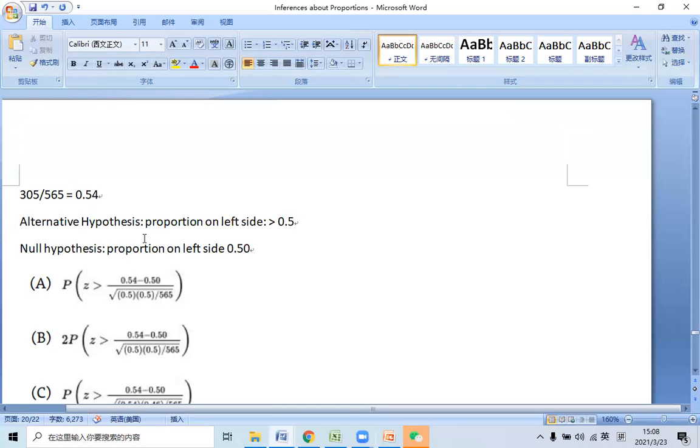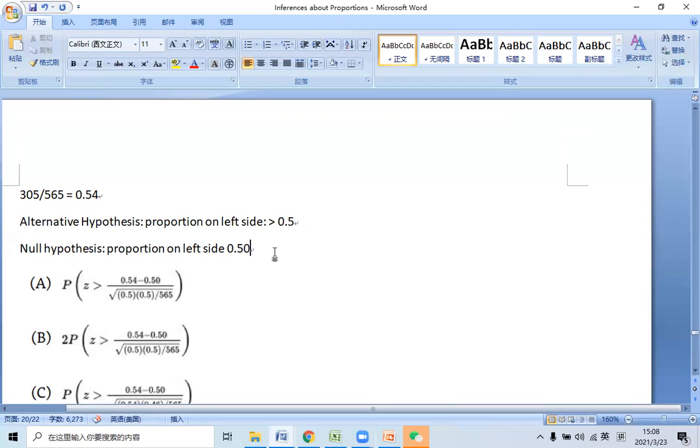So here, you are trying to reject the null hypothesis and support the research hypothesis. And now you have a proportion.